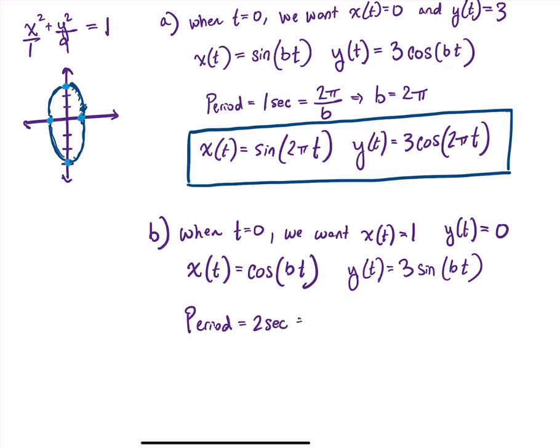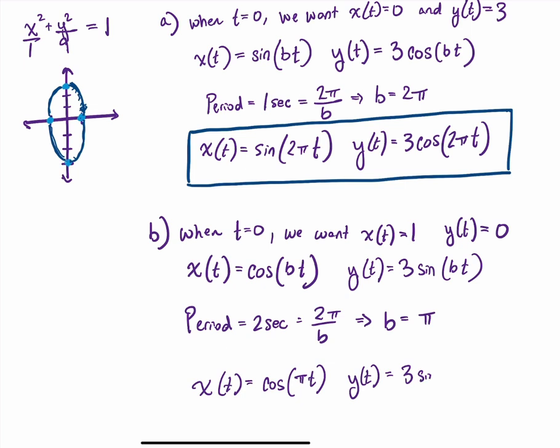So this will be equal to 2 pi divided by b. So solving for b, we get that b is equal to pi. So our two equations should be x of t would be the cosine of pi t, and y of t will be 3 times the sine of pi t.